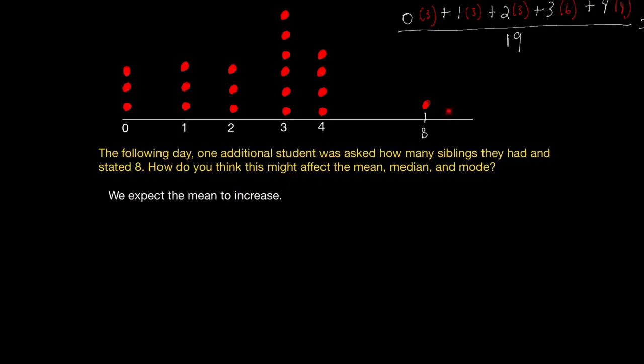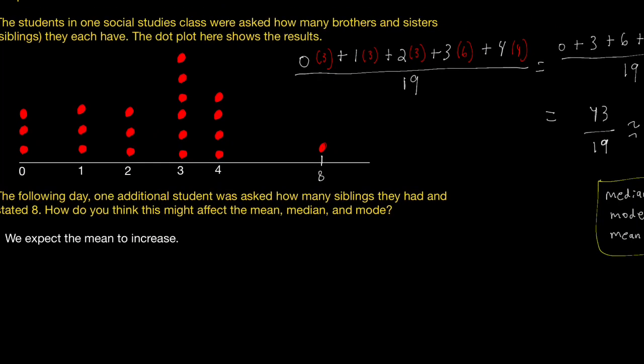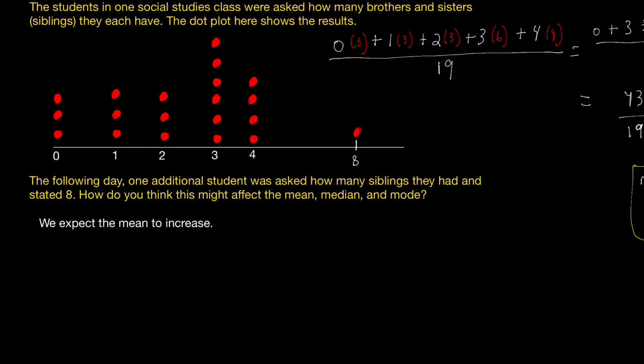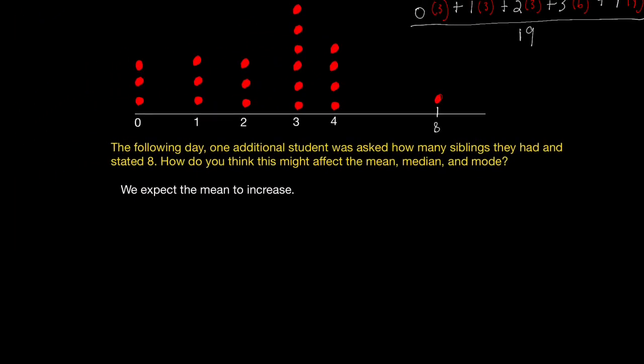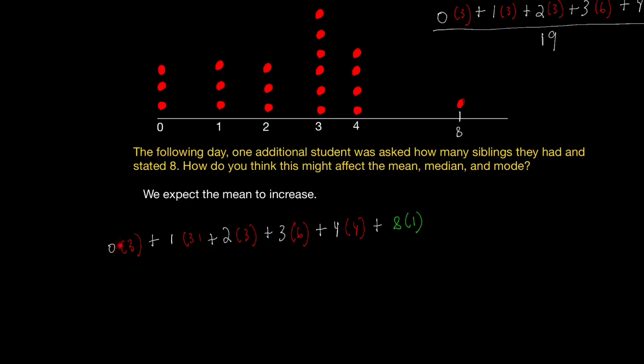So here we can see that all we need to do is just add all of this plus 8. So here, let's do it. And I've rewritten everything so you see the big picture. If I want to take this into consideration, I'm technically doing 0 times 3 plus 1 times 3 plus 2 times 3 plus 3 times 6 plus 4 times 4 and now plus 8 times 1.